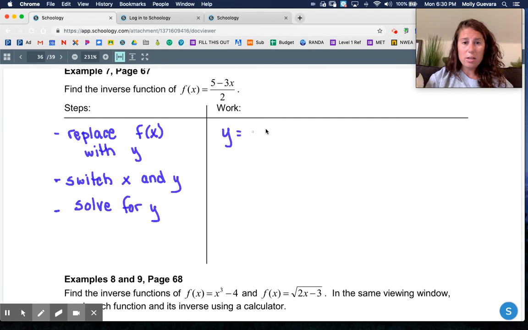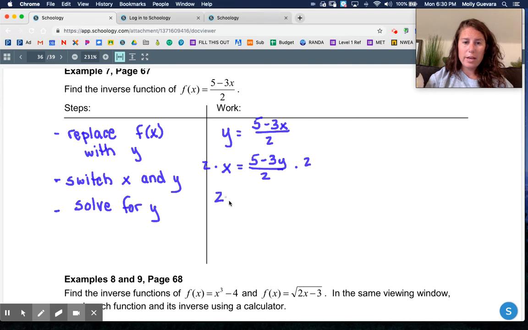So y equals 5 minus 3x over 2. So I replaced the f of x with y. I'm going to switch the x and y. So x equals 5 minus 3y over 2. And I'm going to solve for y. So I'm going to multiply by 2, right?